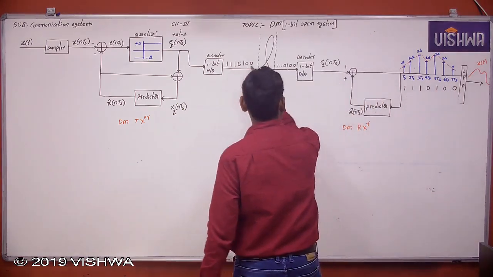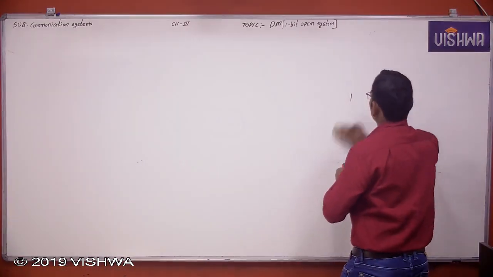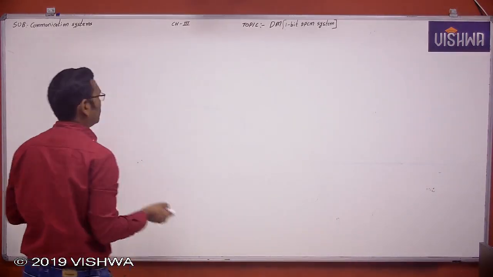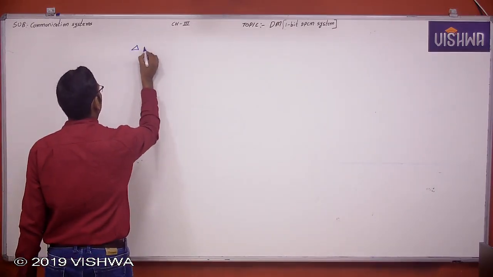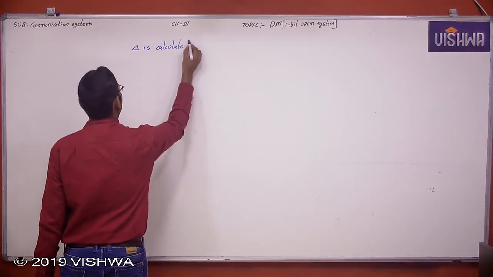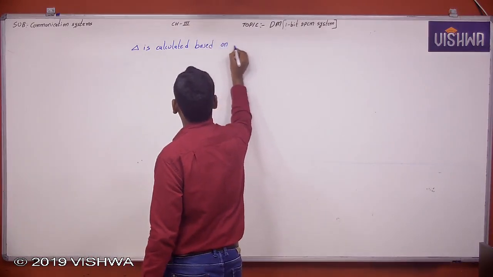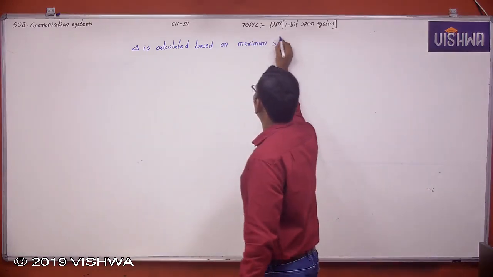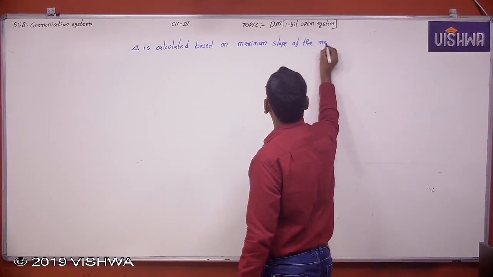Now in delta modulation, the step size is calculated based on the maximum slope of the message signal.